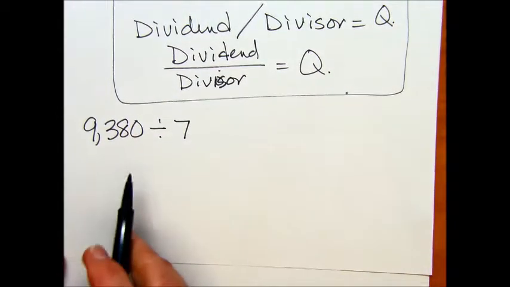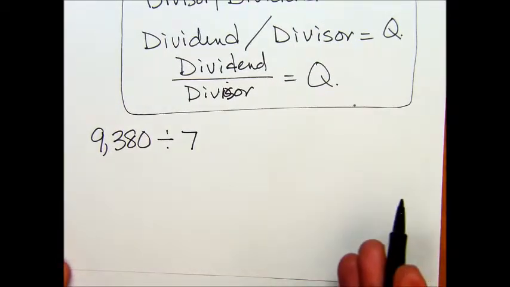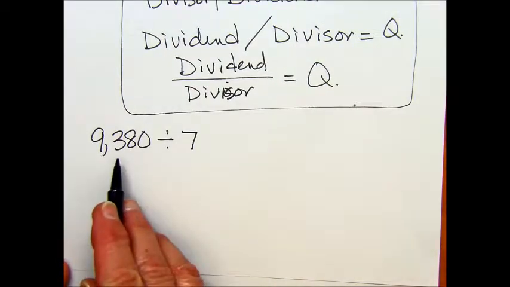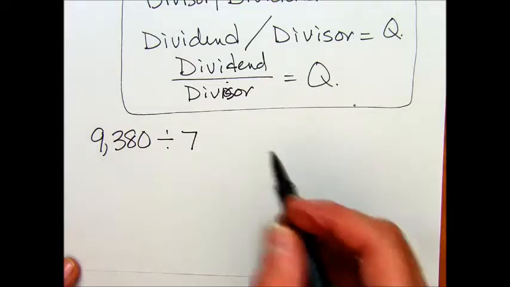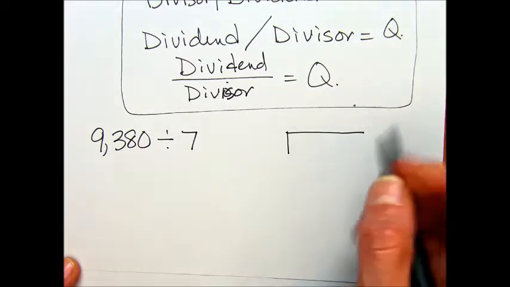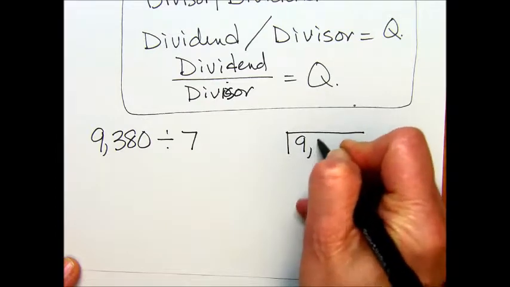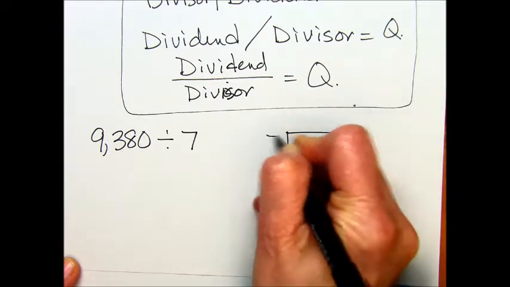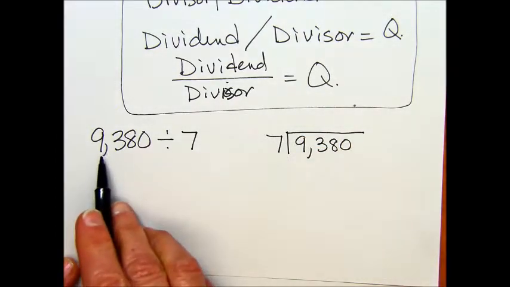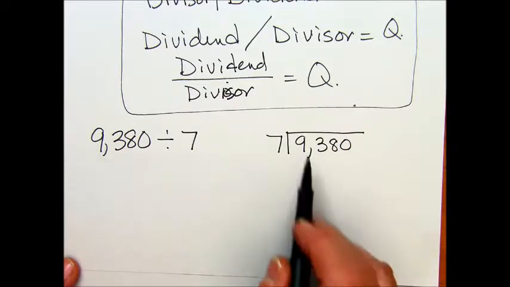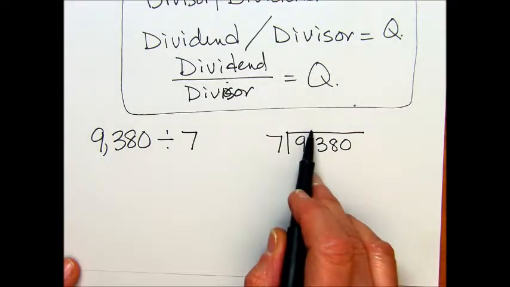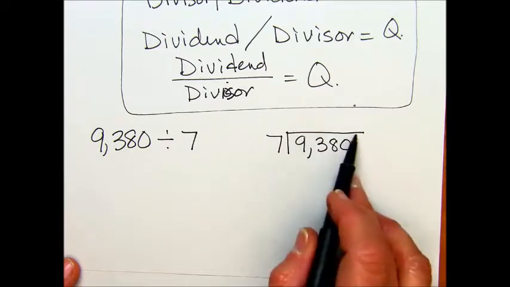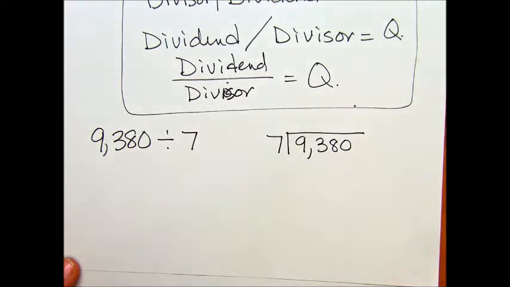Okay, so 9,380 divided by 7. Remember, this is the dividend, so we want to rewrite that underneath the division sign. Also, I want to note that this is a comma, it's not a decimal point, and so you don't need to put the comma up here unless the answer has more than 3 digits. The comma is only used to break it up so it's visually easier to see, but it is different than a decimal point.